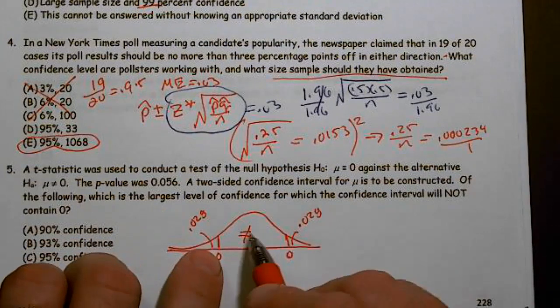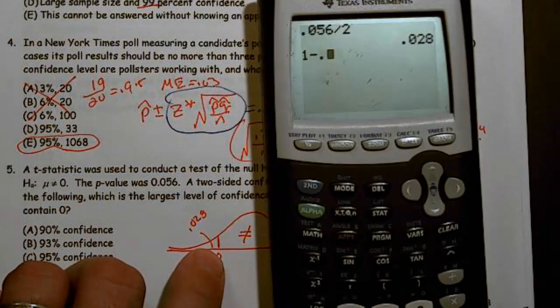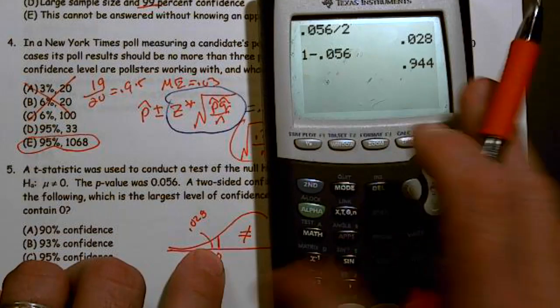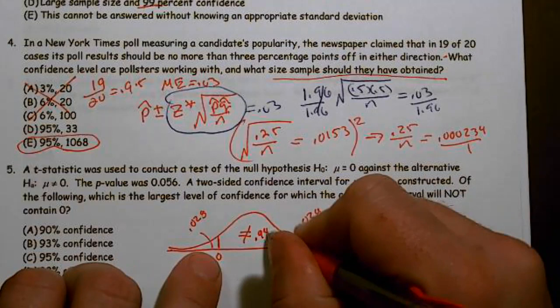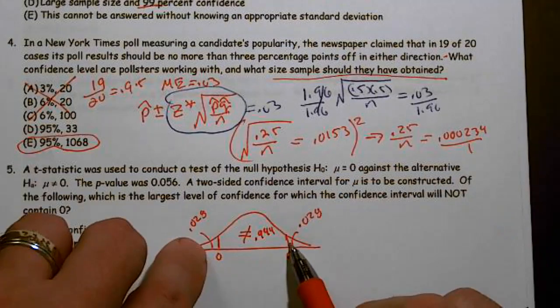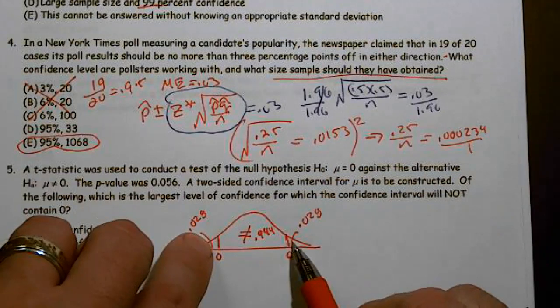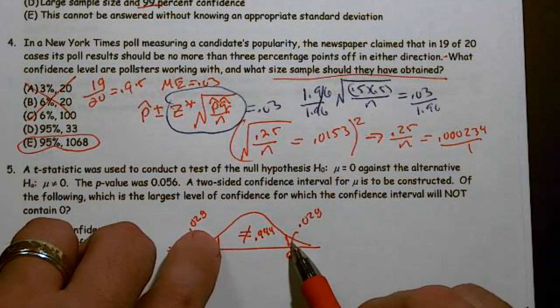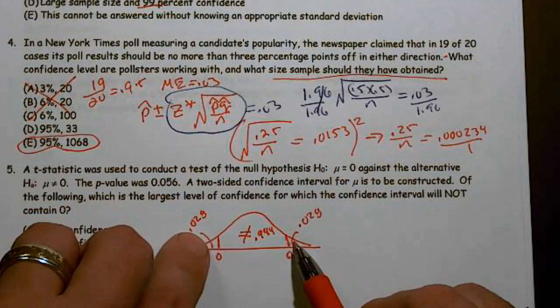So what area do I have in between? Well, 1 minus 0.056 tells me I have 0.944. Well, if I go any wider, if I go from 94% to 95%, I'm going to contain 0. So I have to be less than 94.4 to not contain 0. Any wider will contain 0.